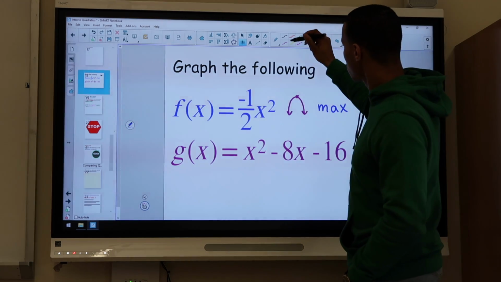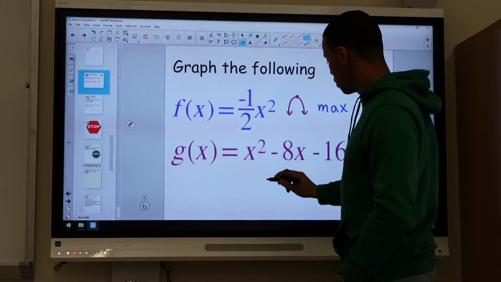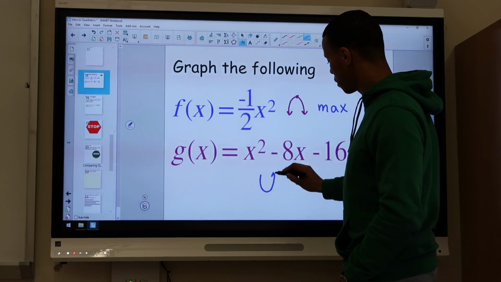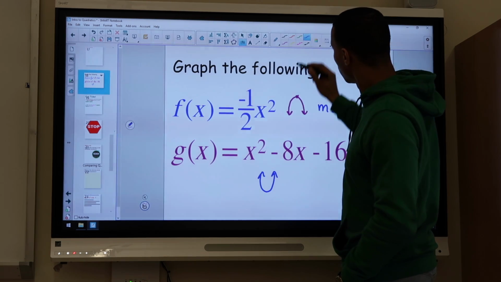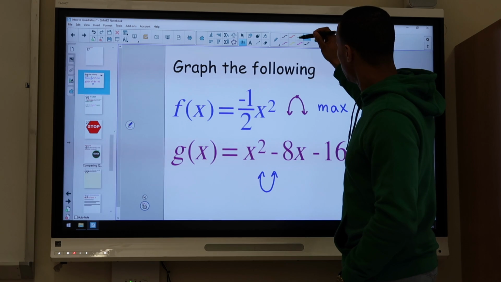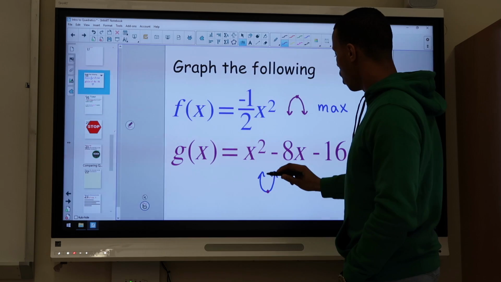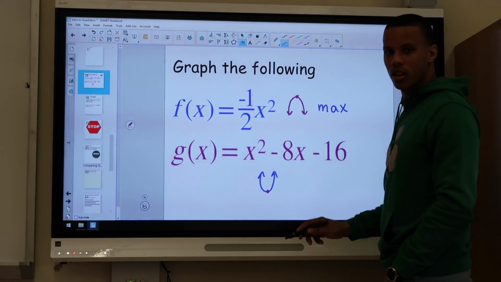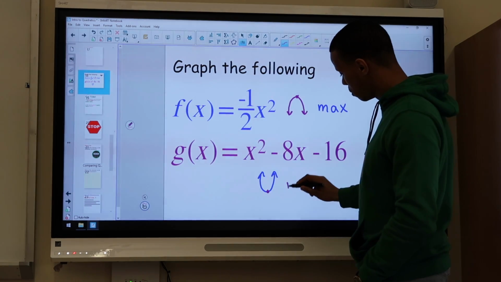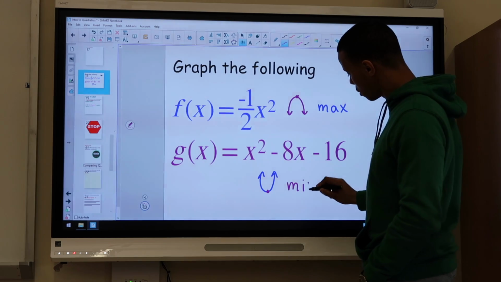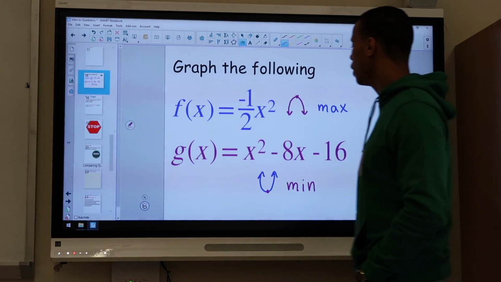And then if you look at this one, you know that this one's going to open upwards, right? And then that leaves you with your vertex being a minimum. There we go.